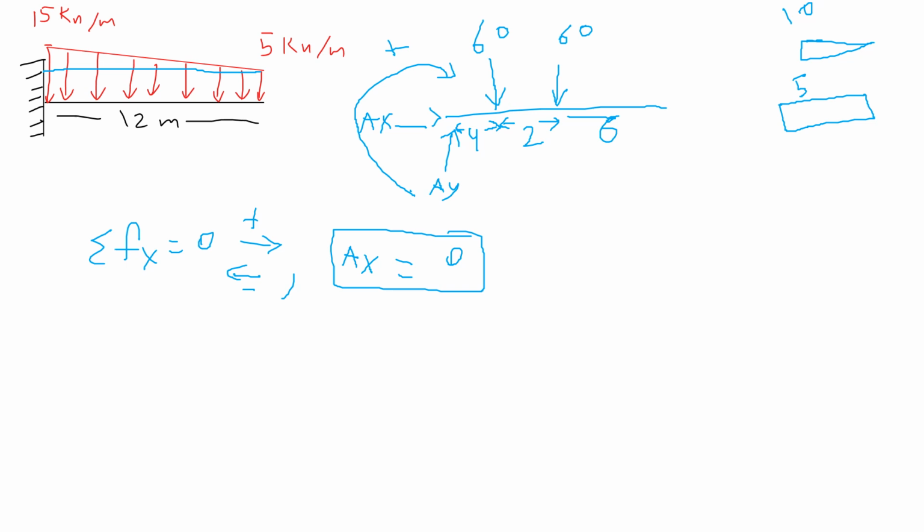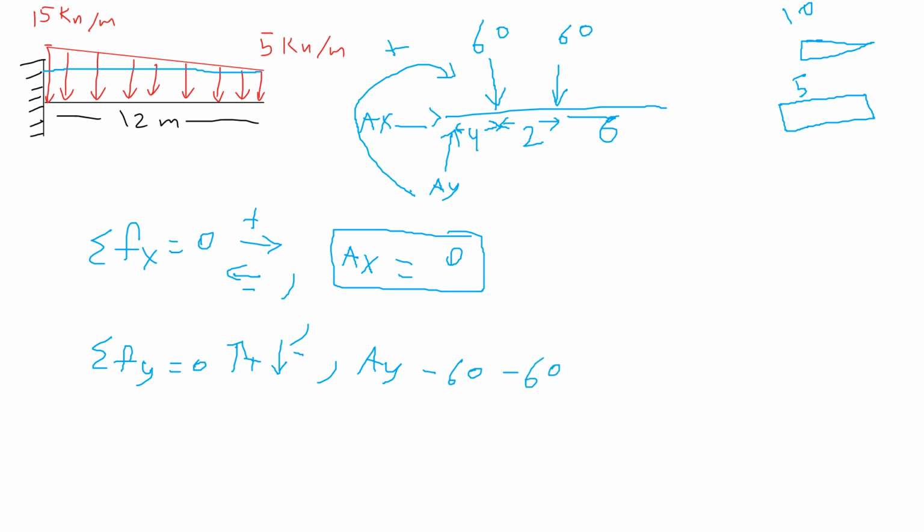So that's easy, and I got sigma fy equals 0. I'm going to assume the up positive, the down negative, and I'm going to go with it. So what I have here is ay positive. I have negative 60, negative 60.